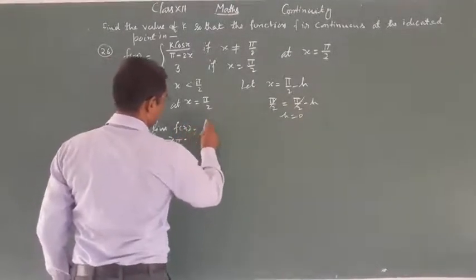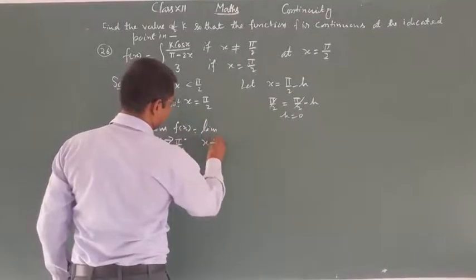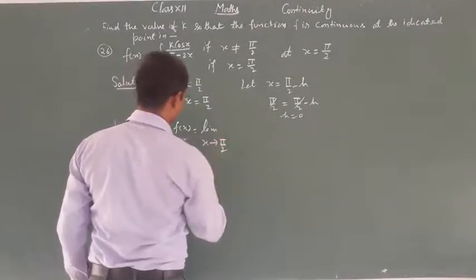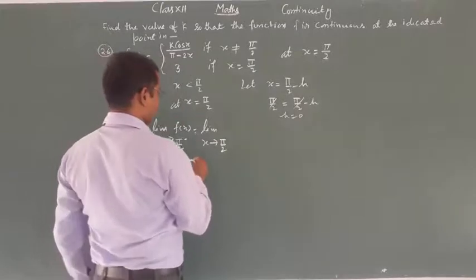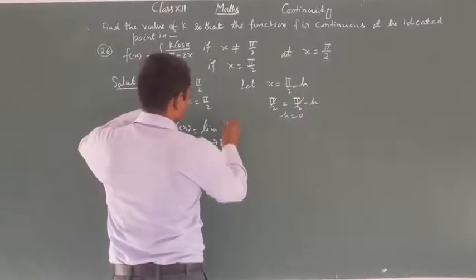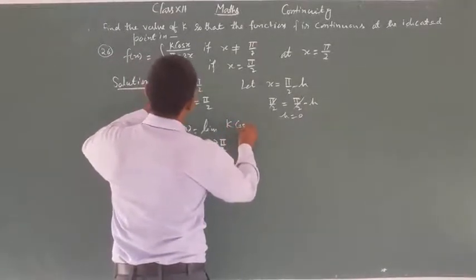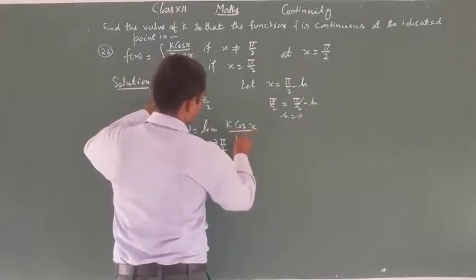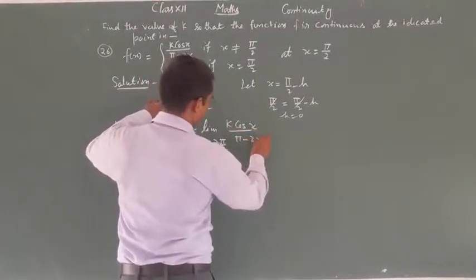So limit x tends to pi by 2 of f(x) is k cos x upon pi minus 2x.